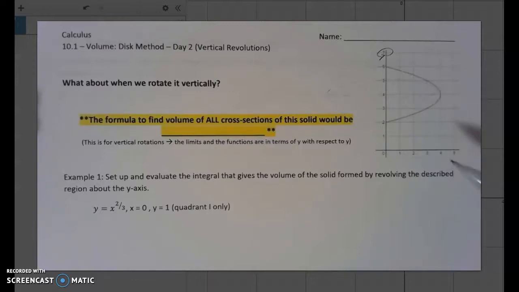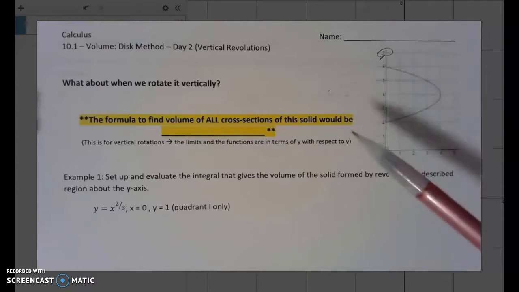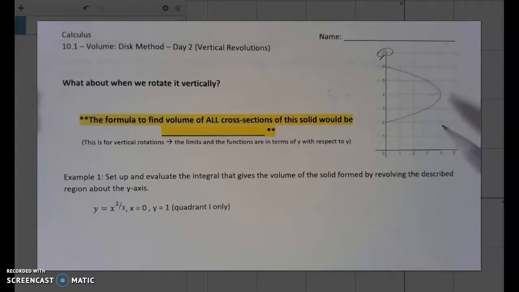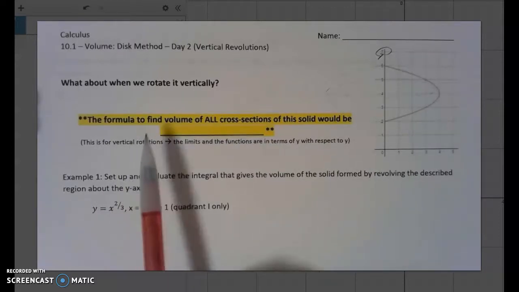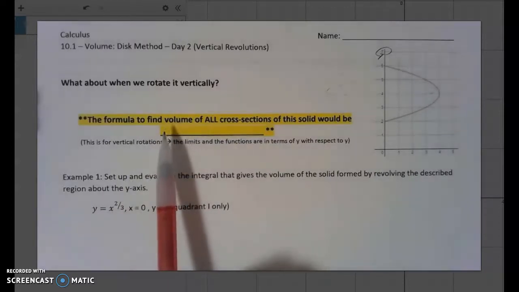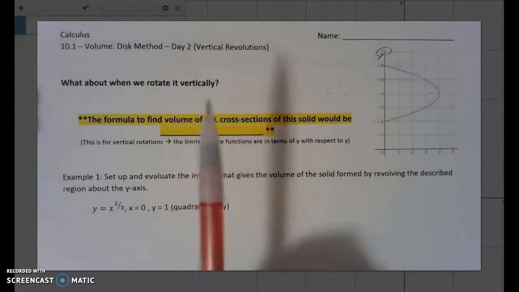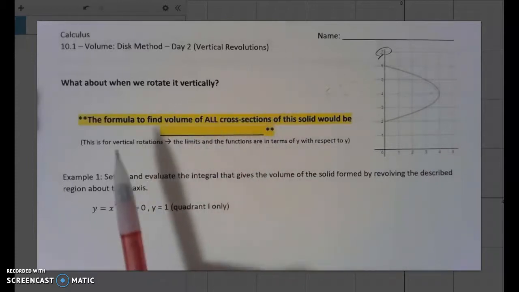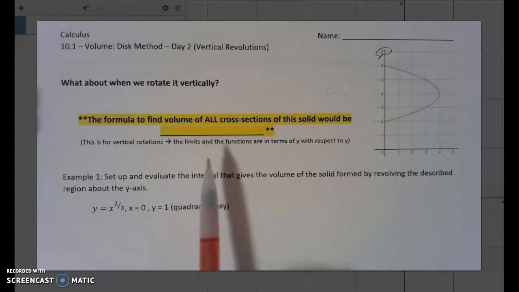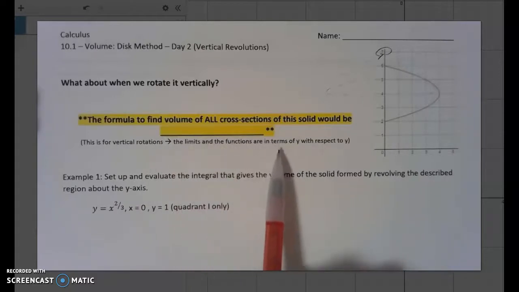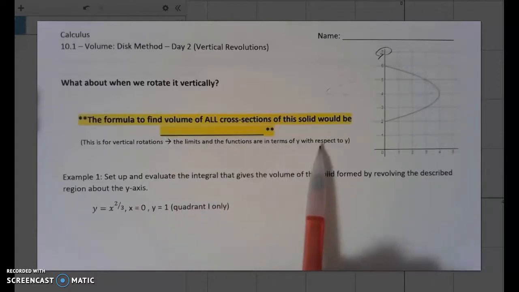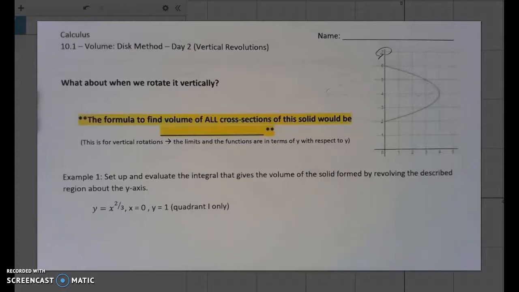So it's the same idea, except there's going to be a little bit of extra work that we have to do now, because when we are rotating it vertically, the limits and the functions have to be in terms of y and with respect to y. So that means now everything has to be in terms of y.